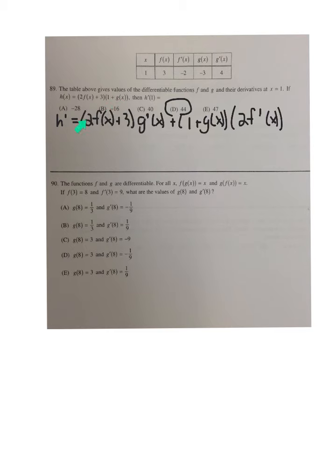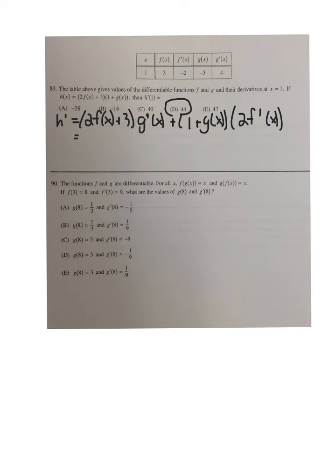So that being said, here is my first term times the derivative of the second term, right here, the 1 disappears, and the g becomes g prime, plus, then we've got the second term times the derivative of the first term. And now all we're going to do is plug in 1 everywhere I see an x. And we've got the chart up here, and we're going to look at those values and plug them in as we go along.